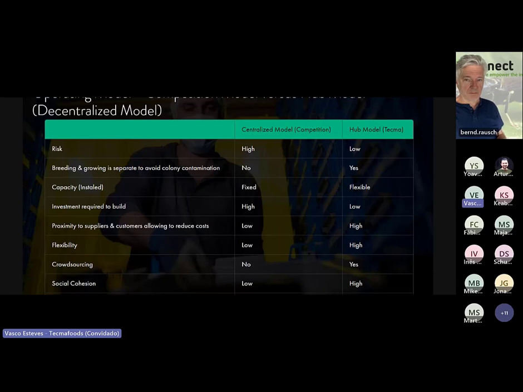And of course, we are flexible. If tomorrow I have an order of 10 tons of mealworm, I can anticipate, and it takes us from 4 to 6 months to expand the capacity to that specific order. So we are already focused on sales, and we allocate the capacity when we need it, not before.